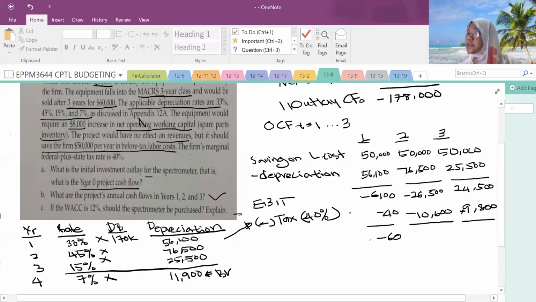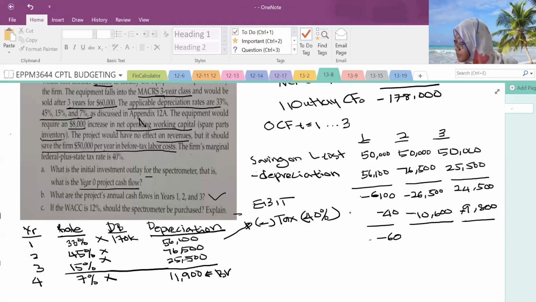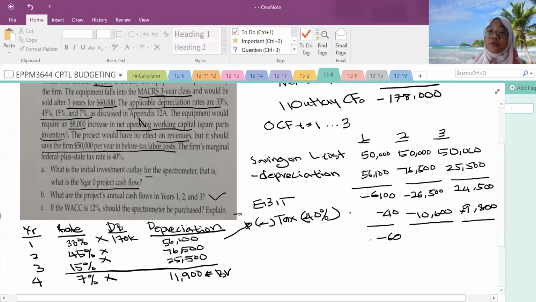Let me recalculate then. 0.4 times 6,100, so this one should be negative 2,440.